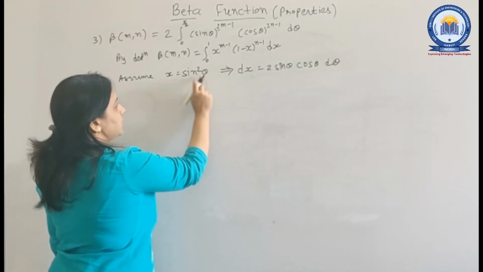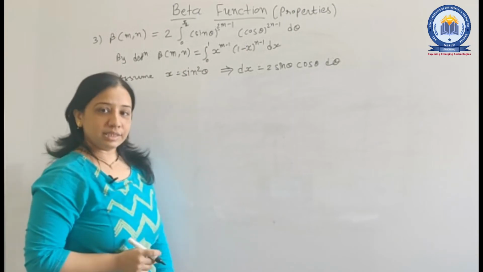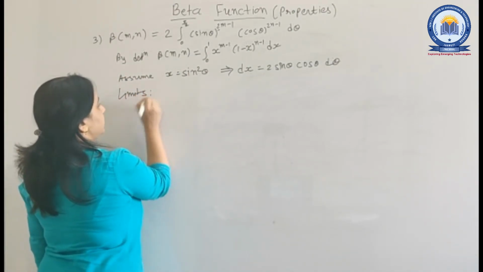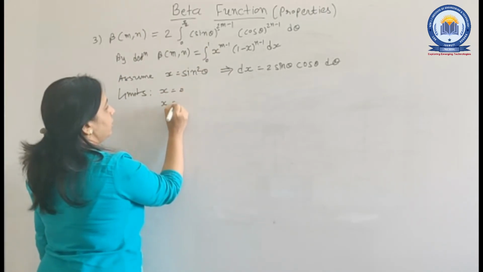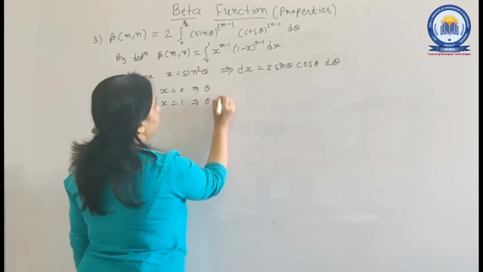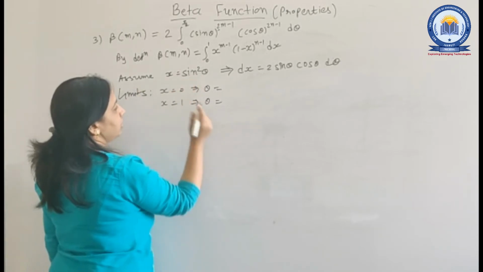Now if you are changing the x, so obviously the limit is also supposed to be changed. So you need to find out the limits. So when x equal to 0 and x equal to 1, you have to find out theta, right? So x equal to 0, put here and find out the theta.